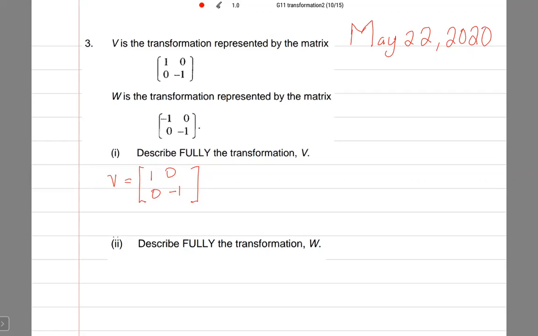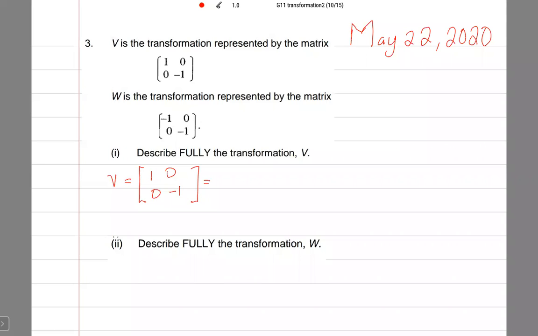So now by putting a negative there, what I'm saying is that this matrix changes the sign of the y coordinate. Now the transformation that keeps the x coordinate the same and changes the sign of the y coordinate is a reflection in the x-axis.